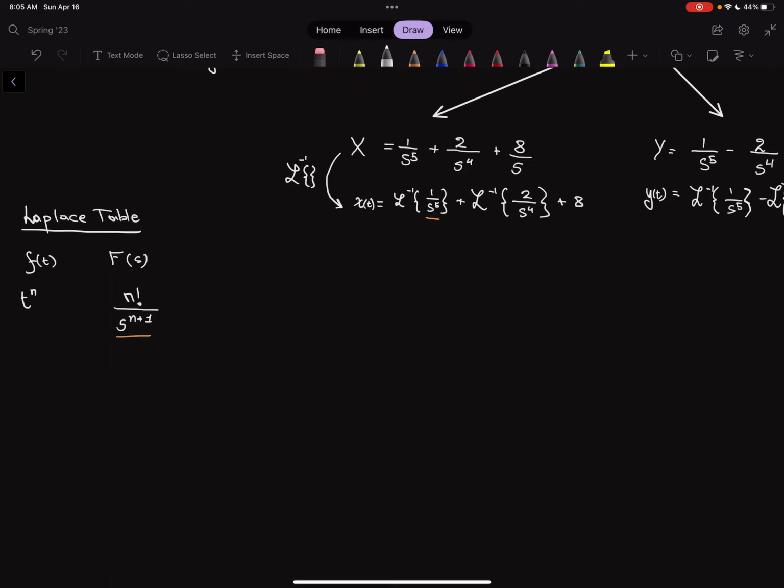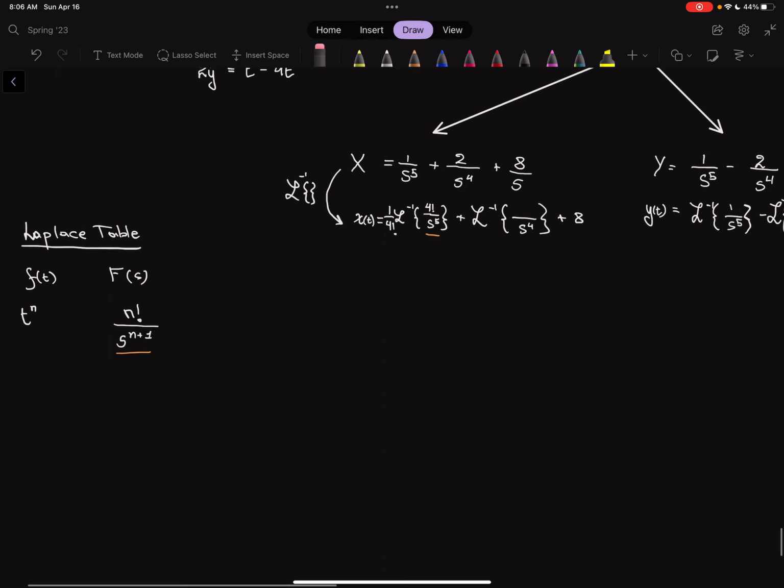So we need the top to be 4 factorial. In order for the top to be 4 factorial, I need to multiply by 1, but a 1 that makes it into that form. So if I multiply by 4 factorial, I need to divide by a 4 factorial here. And we can say the same thing here. So let's take that 2 out, and now here we'd want a 3 factorial, but then we want to divide by a 3 factorial.